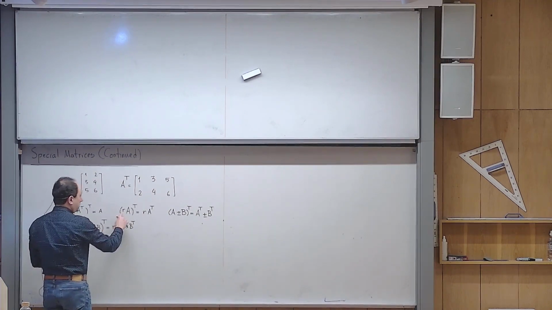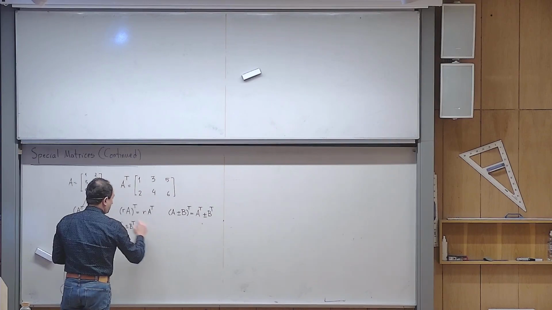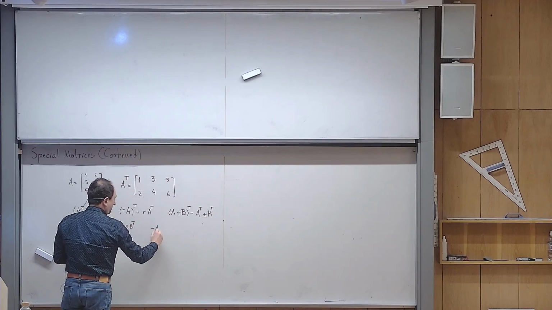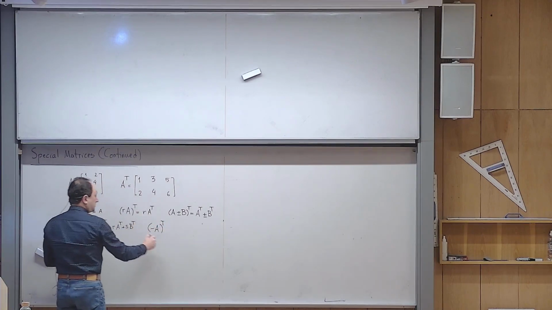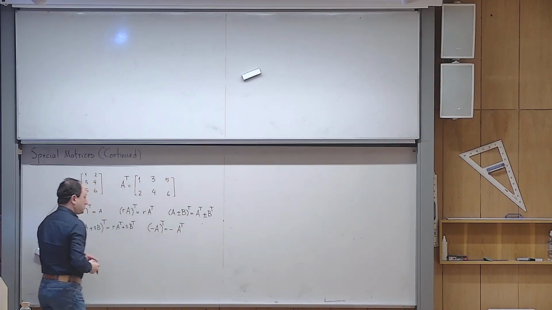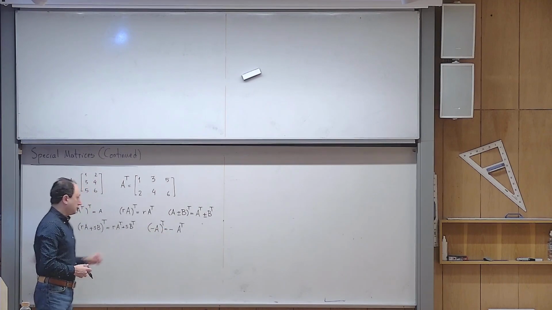If I choose R equals -1, I have -1 times A, which means minus A, and then transpose, and R is -1, so I get minus A transpose. If you don't need a pair of brackets, they are the same.